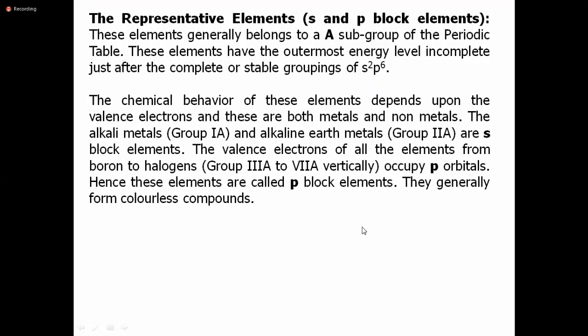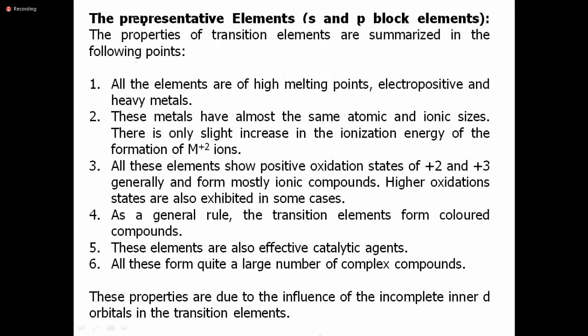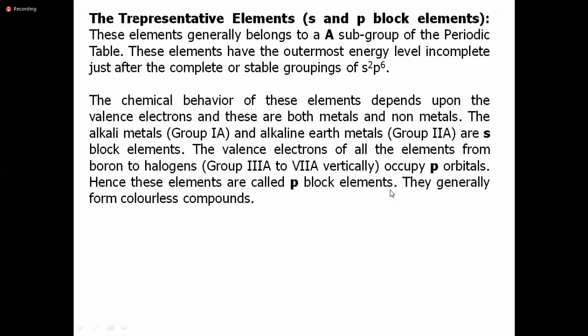Mostly the S and P block elements are mixed: some are metals and some are non-metals. The S block elements are mostly metals, and the P blocks are mostly non-metals.